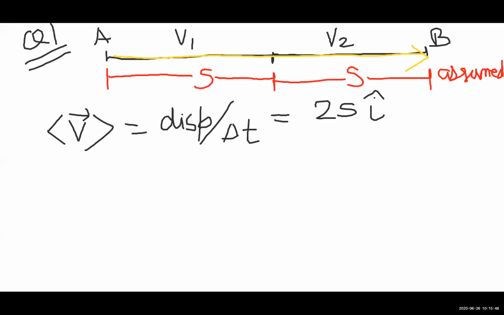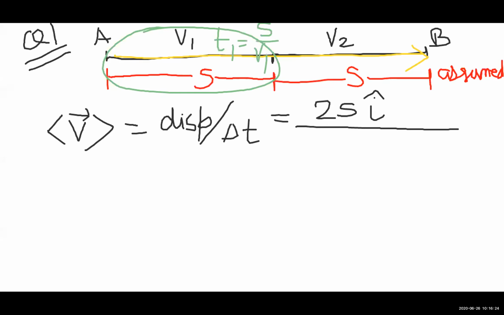Yes, Abhijit, correct. 2s I cap divided by the time taken by the particle to go from A to B. Now, if you look at this part of the motion, what is the time taken by the particle to execute this part of the motion? Time is equal to distance upon speed. And here we can use speed and distance interchangeably because the motion is in a straight line and unidirectional, so distance, displacement, velocity, speed are all the same. And in the second part of the motion, the time taken will be distance upon speed, s upon v2.